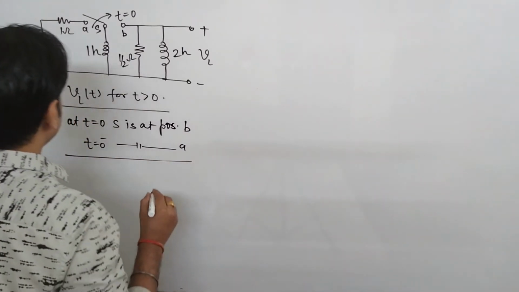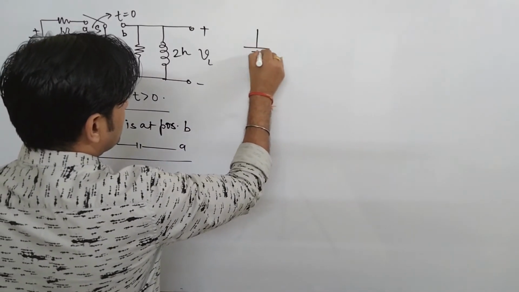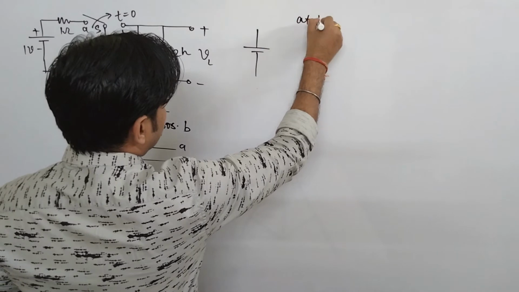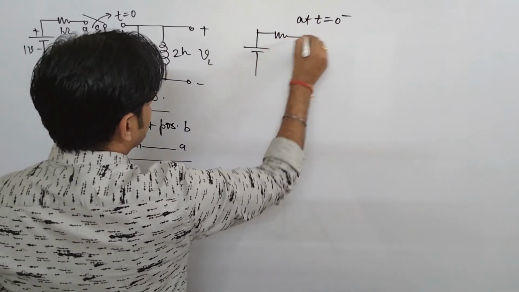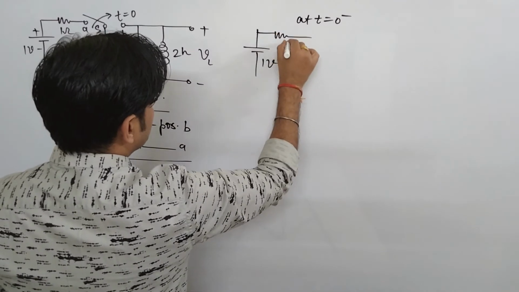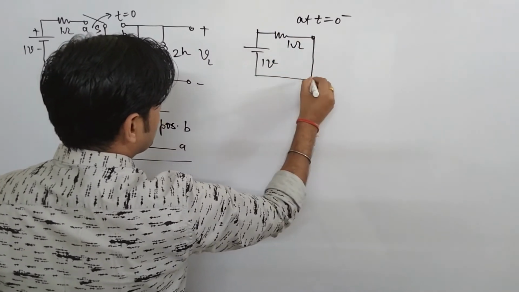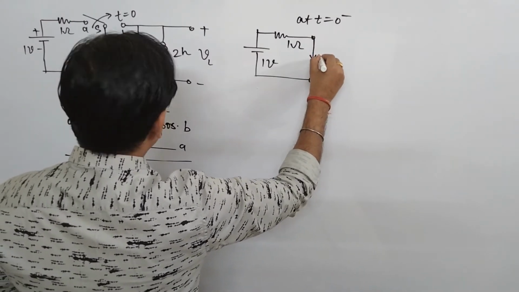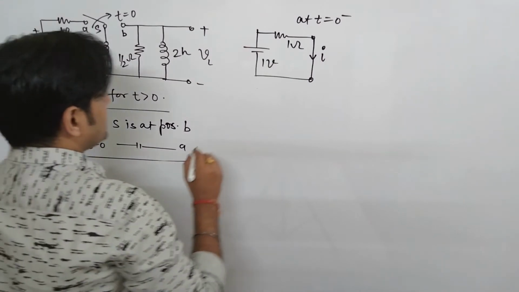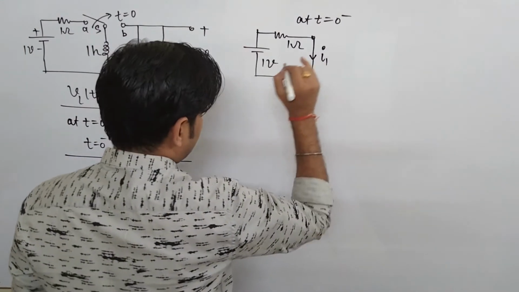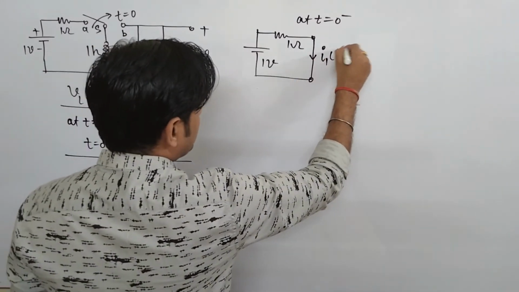Now if I draw this at t equal to 0 negative, this is your resistance, this is 1 volt, this is 1 ohm, and your inductor will behave like a short circuit. If some current is flowing, say this current is I1, I call it I1(0 negative).